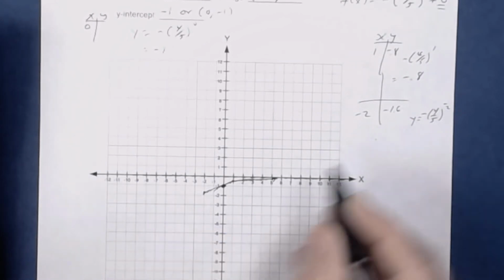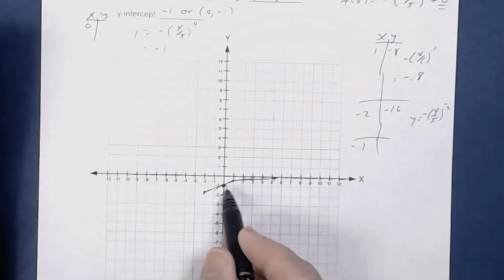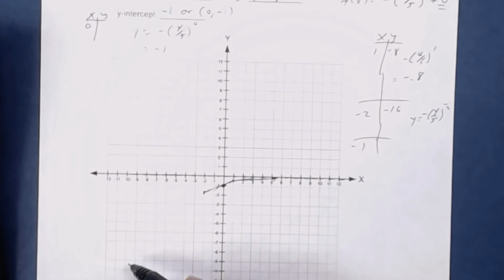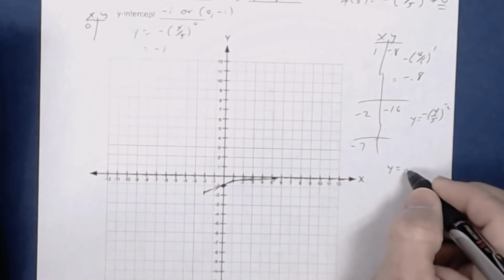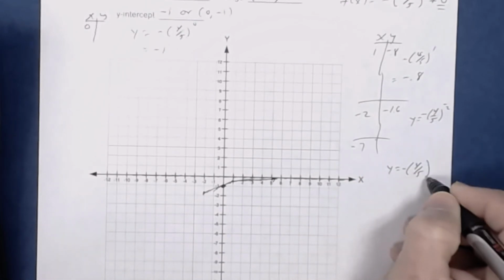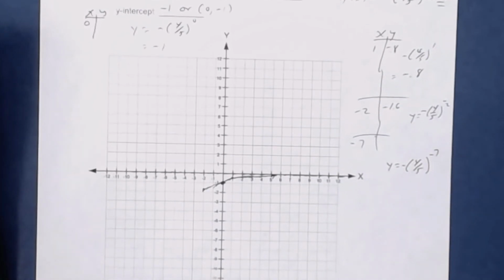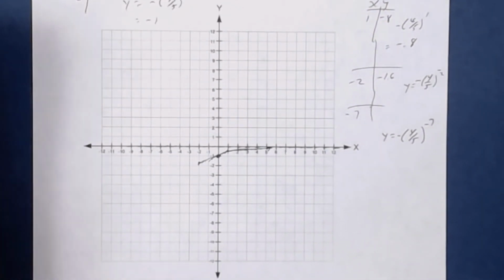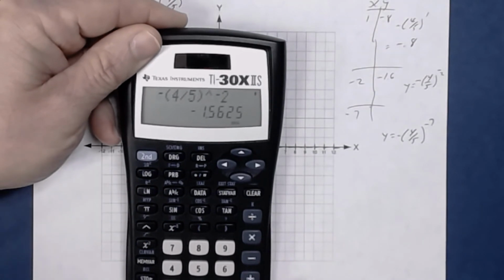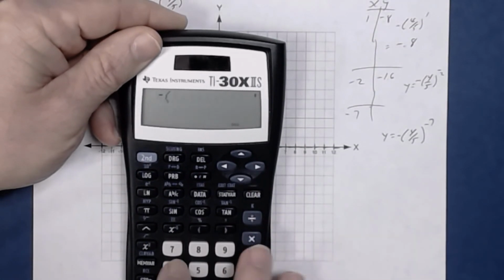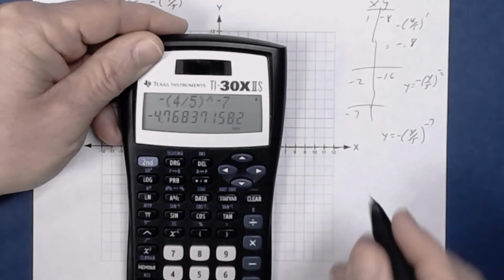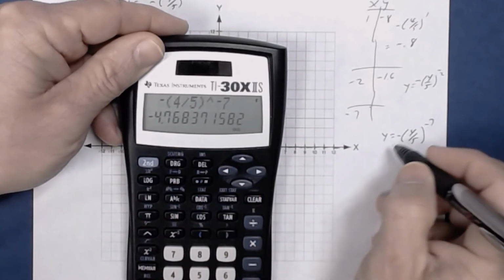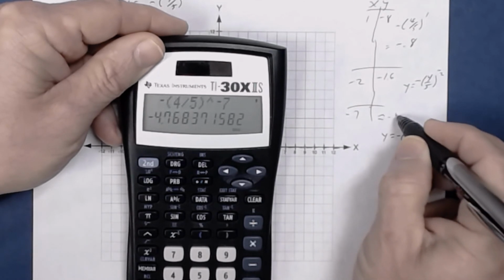And then let's say negative 7. You see it's kind of doing this, so let's pick some numbers further on this side. For negative 7, I get y equals negative 4/5 to the negative 7th power. Negative, in parentheses, 4 divided by 5, raised to the negative 7th power, equals about negative 4.8.